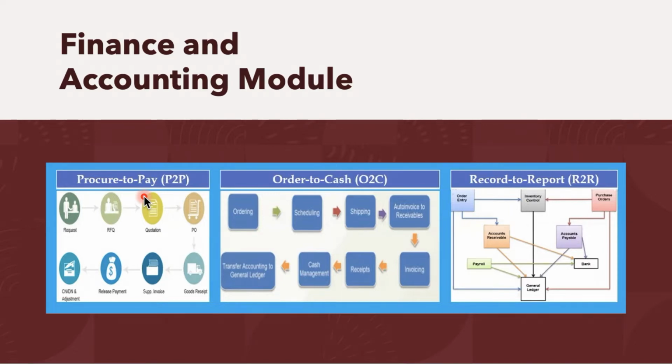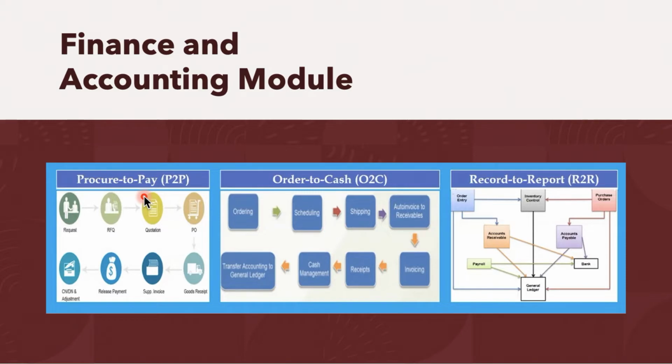Now, the common term used, no, for this cycle is what we call P2P, O2C, R2R. Okay? When you say P2P, it's procure to pay. Again, it's your expenditure cycle. For the order to cash, no, it's your revenue cycle. While for your record to report, this includes your general ledger system and financial reporting system.